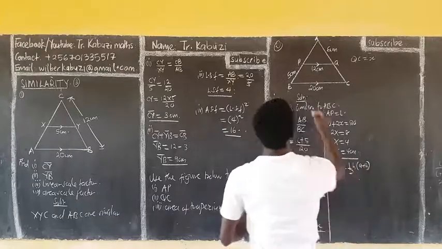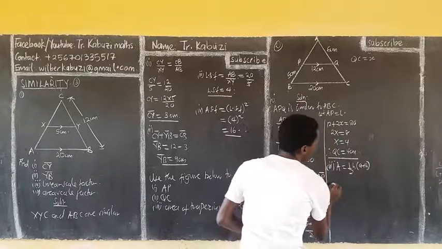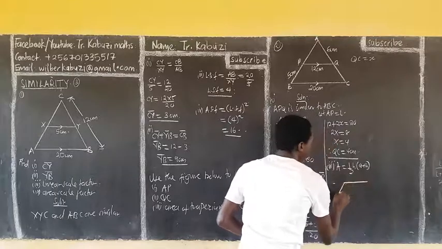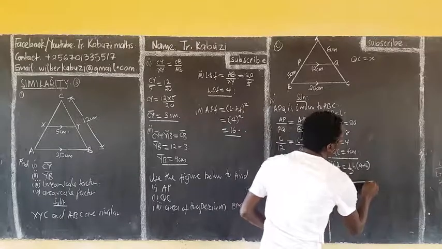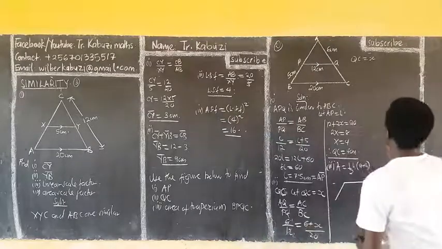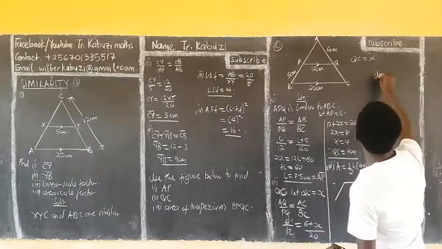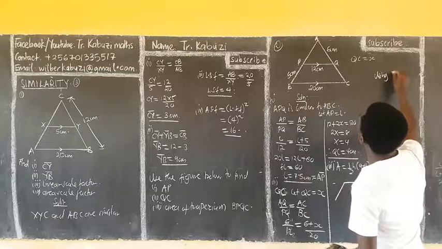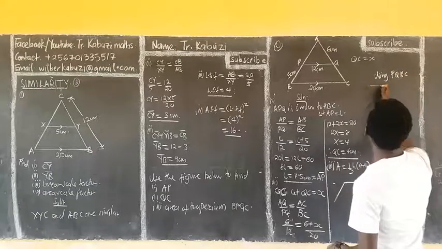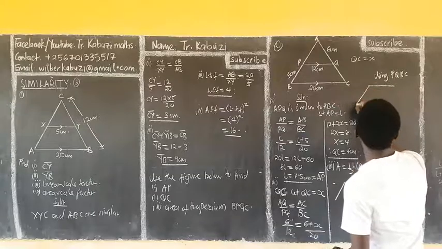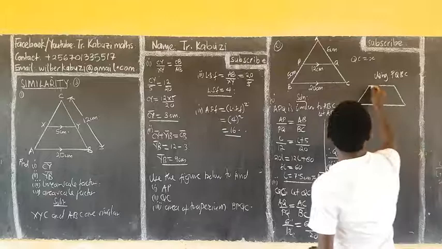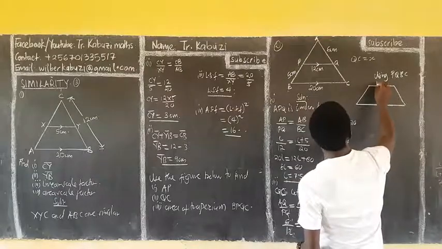Now, you see that if I consider this trapezium here, so be careful here. We are going to use PQBC. So this is our trapezium that we are talking about here. So you know that from here, this is already 12 centimeters.